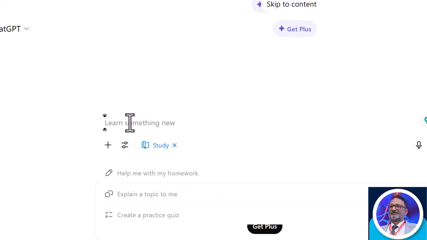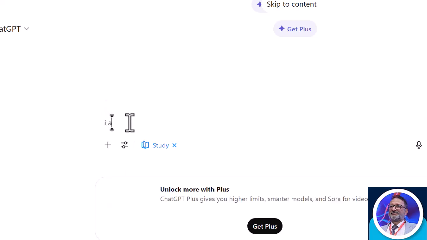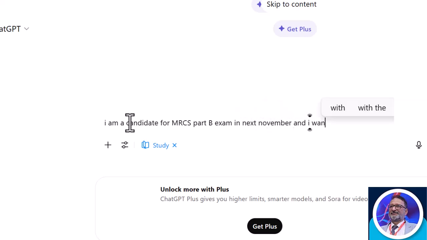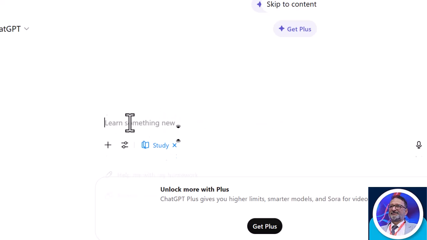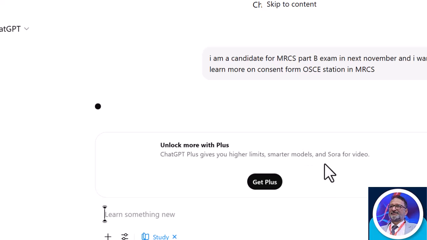And let us apply it to an exact example. So for example, you put: I am a candidate for MRCS Part B exam next November, and I want to learn more on consent for OSCE stations in MRCS, and you press enter.